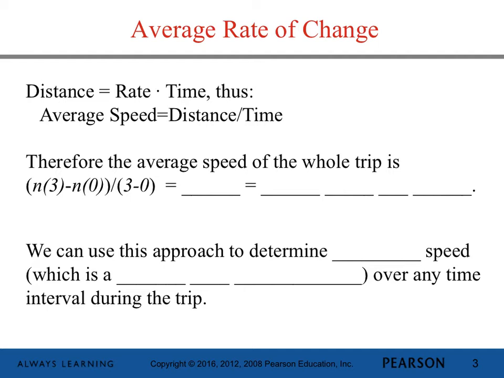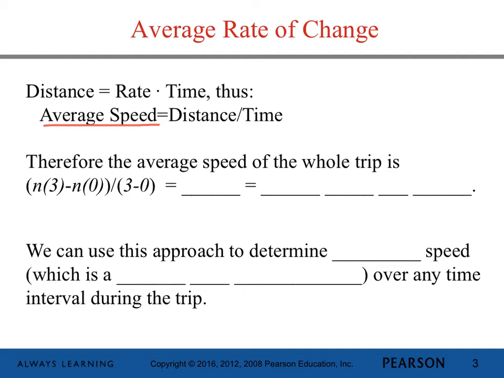And since we're talking about distance and rate, this might remind you that since distance is equal to rate times time, our average speed is distance over time.